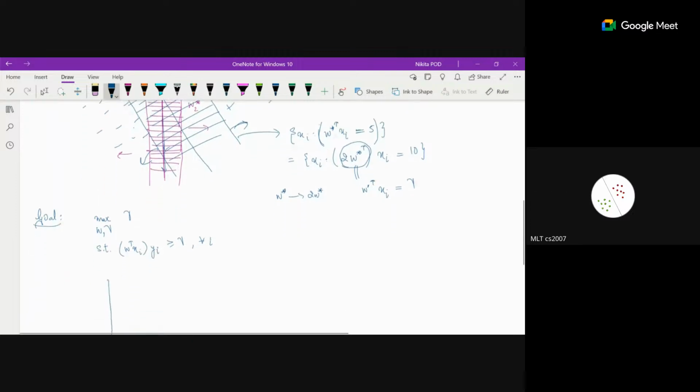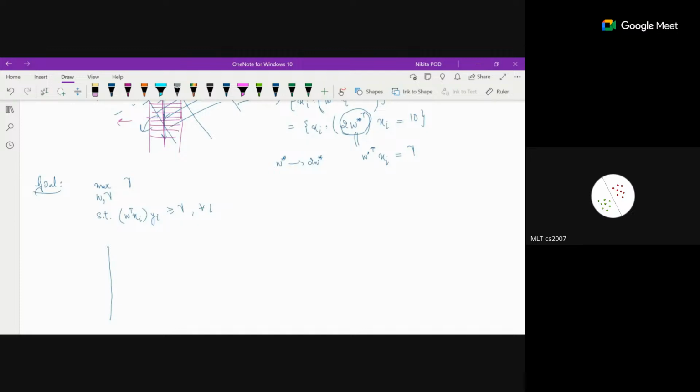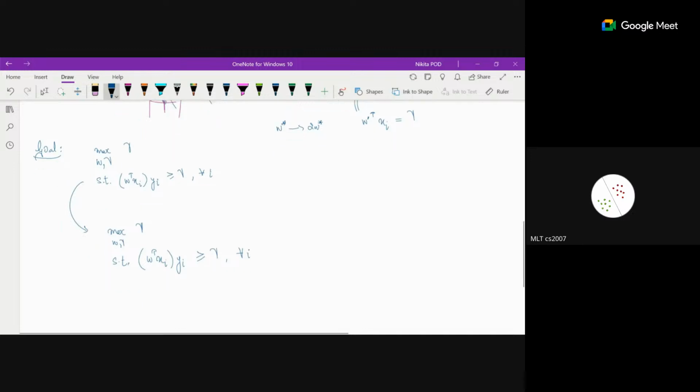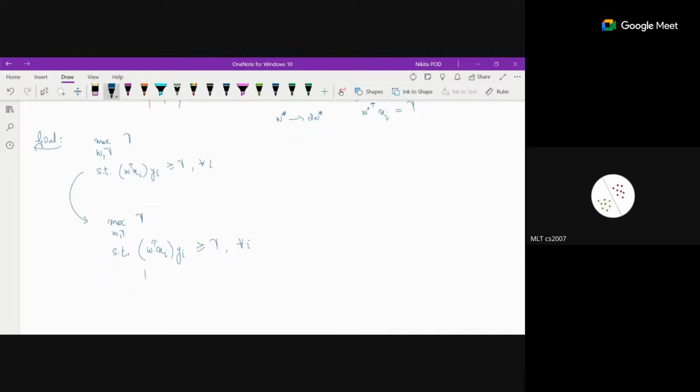So this problem can be rectified. If you think of this formulation as wanting to maximize gamma with respect to the constraint that w transpose xi yi is greater than or equal to gamma for all i, we will add an extra constraint: the norm of w should be equal to 1.